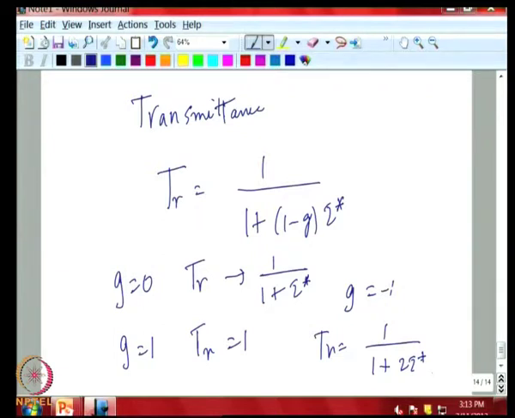And as a matter of fact, in the limit of very high optical depth, high tau star, the transmittance can go to 0 if there is backward scattering. So, this simple analysis of a layer of non-absorbing particles has provided a general insight about the nature of albedo and transmittance in a very simple context.